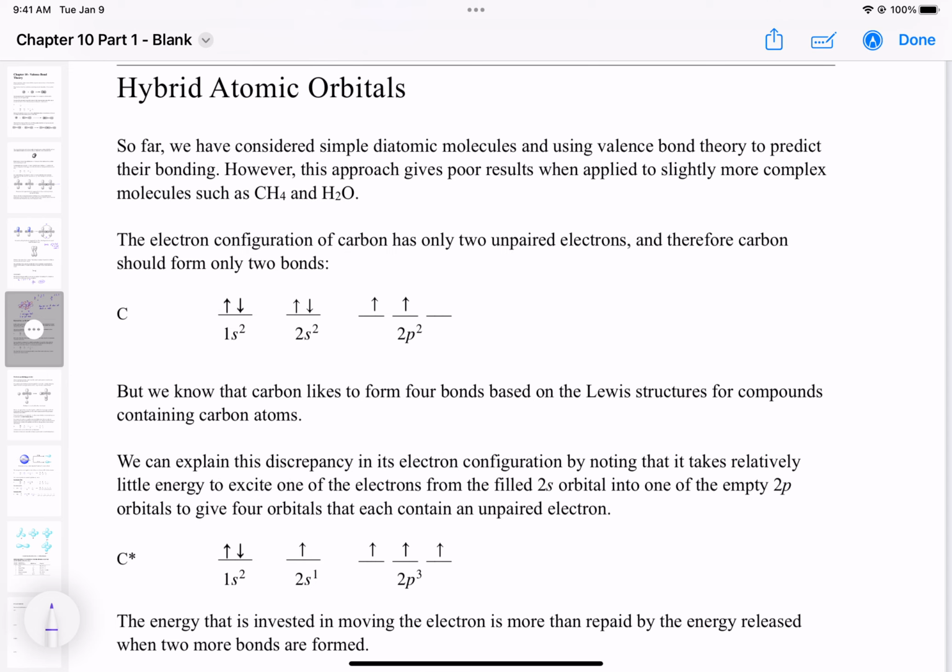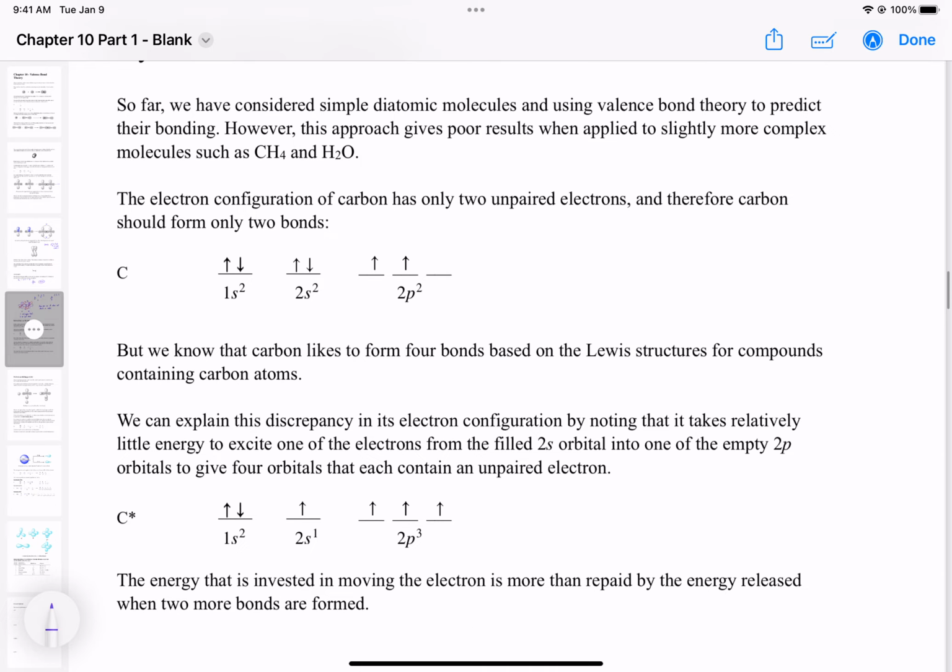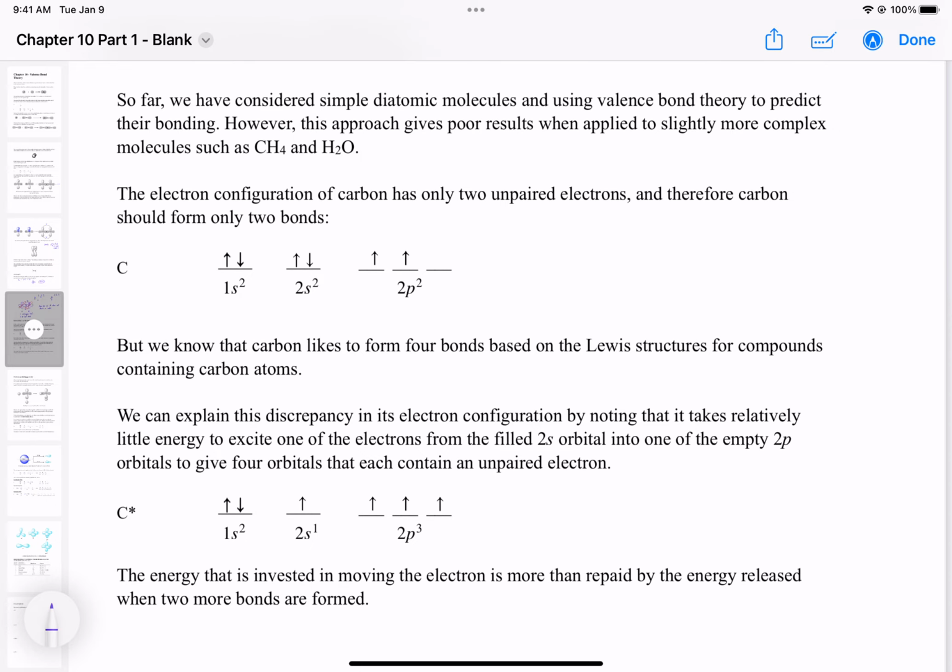The electron configuration of carbon has only two unpaired electrons. So by that logic, it should only form two bonds, right? Because it only has two unpaired electrons. But we know from calculations and just from looking at carbon in general, it likes to form four bonds based on Lewis structures for CO2, methane, methanol, etc. So how can we explain this discrepancy?